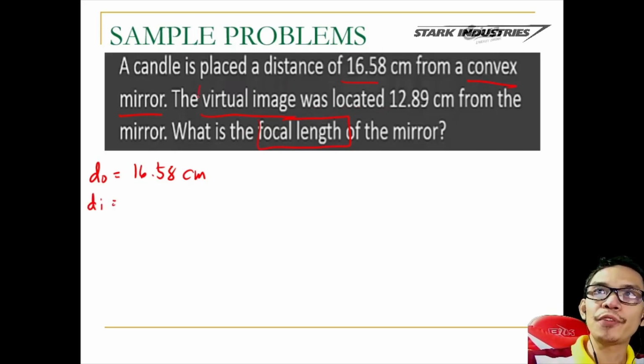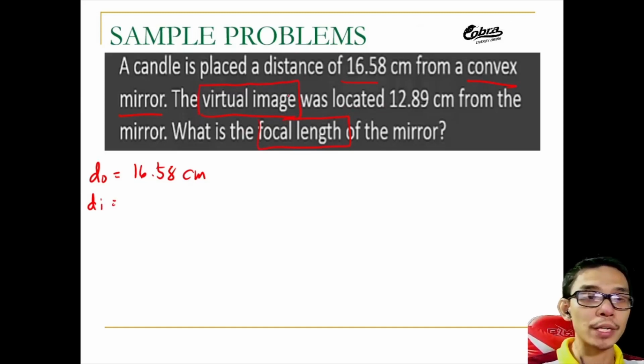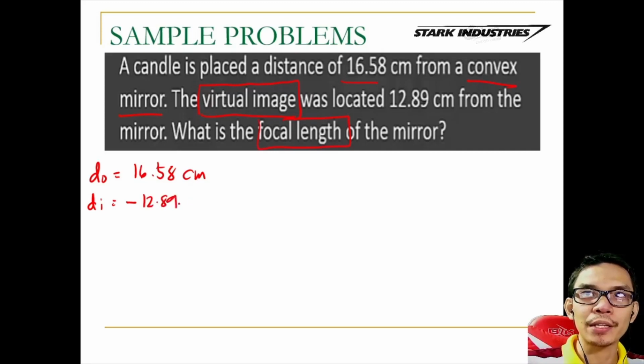Since that is a virtual image, based on our sign convention, a virtual image has a negative sign. So that will be negative 12.89 cm. Then we have the focal length, which is missing.